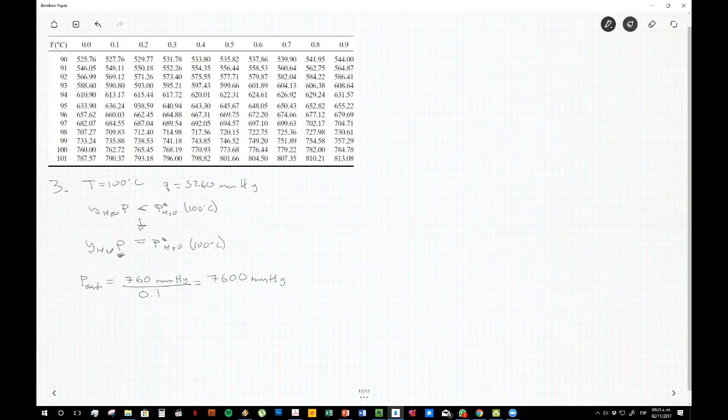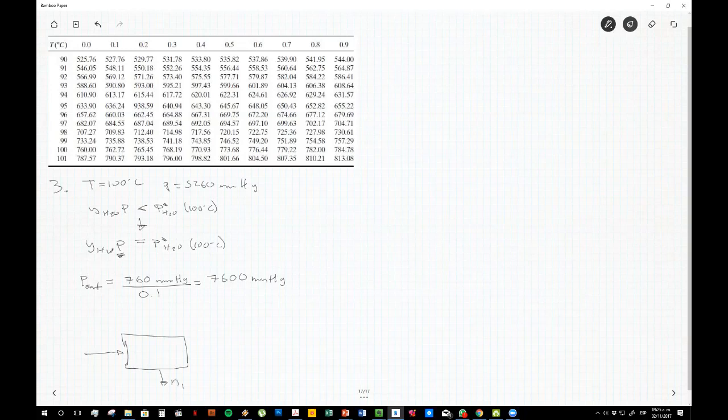If the pressure is higher than this 7,600 millimeters of mercury, then the system is going to condense, right? We know that's true because we're going to raise the pressure to 8,500. Okay, so we know that we're going to have condensation, right? So again, we have our system.